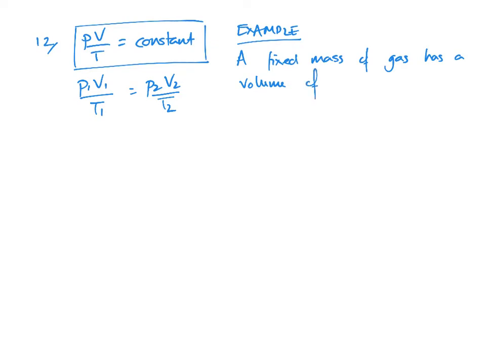So let's say there's a volume of 20 cubic centimetres at standard temperature and pressure, which would mean room temperature and atmospheric pressure. So we'll take our room temperature this time to be 20 degrees Celsius, and atmospheric pressure, well actually if you look at it very precisely, it's often written as 1.01 times 10 to the 5 pascals. Although given it can change from day to day, that level of accuracy isn't really required.